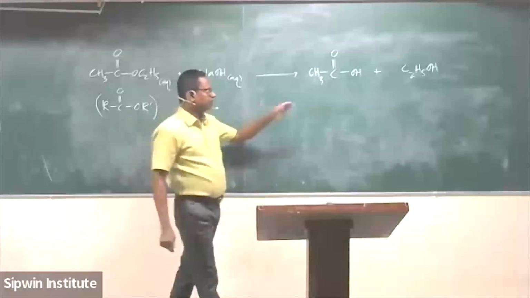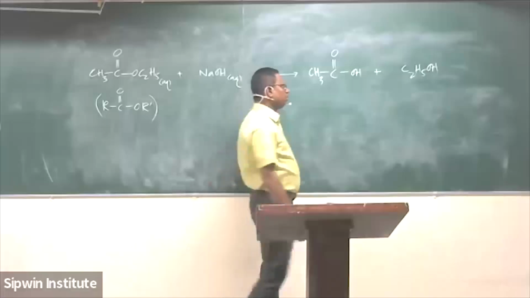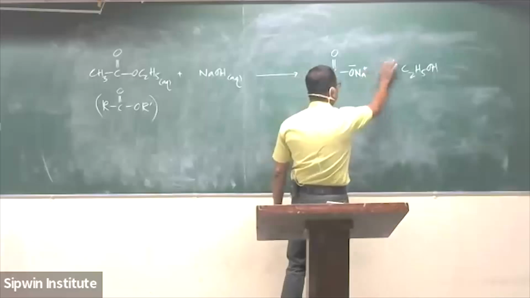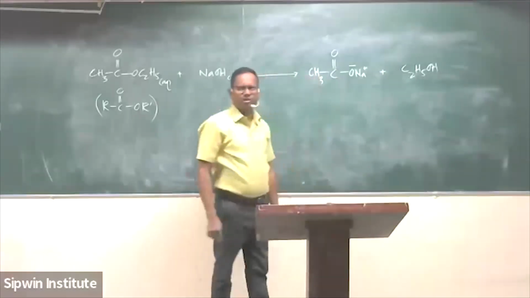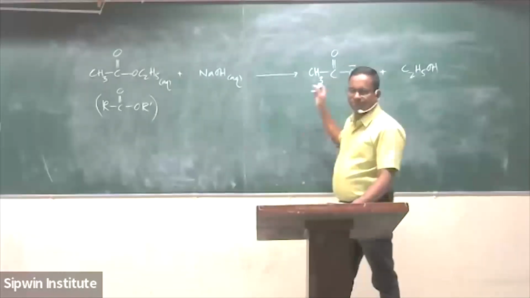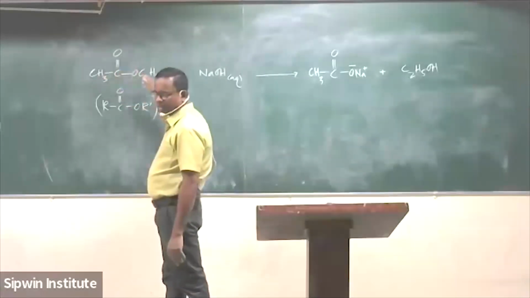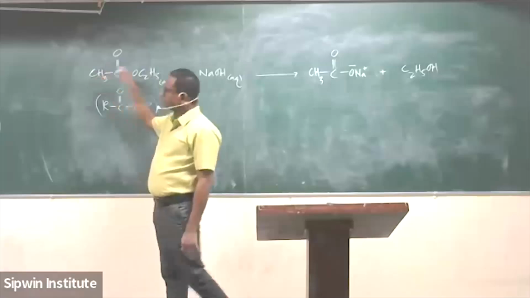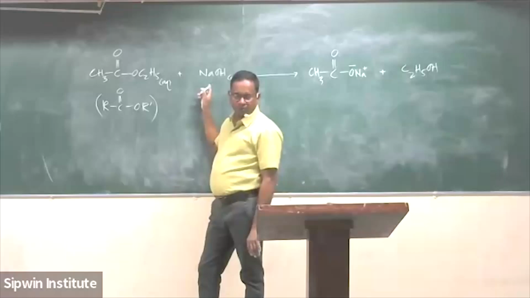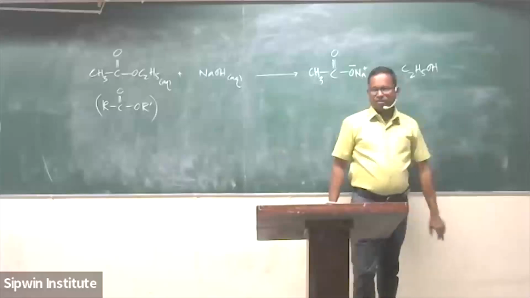Therefore the acid cannot exist there; it converts into its salt, the acid anion, COO minus Na plus, sodium acetate, and the C2H5OH.